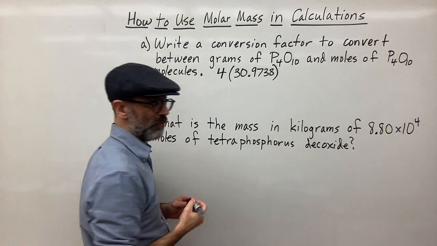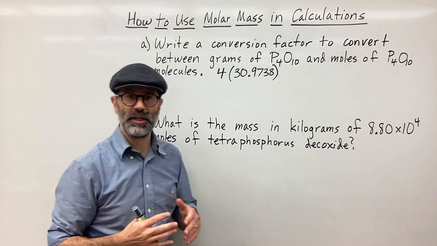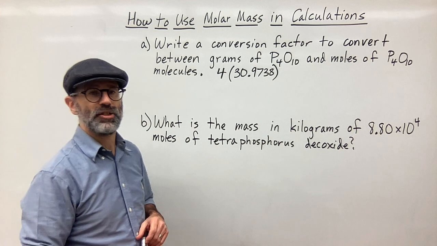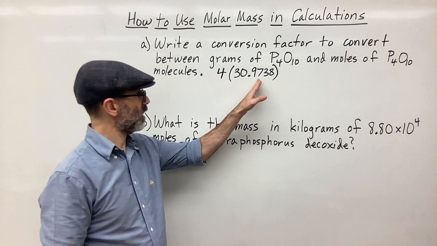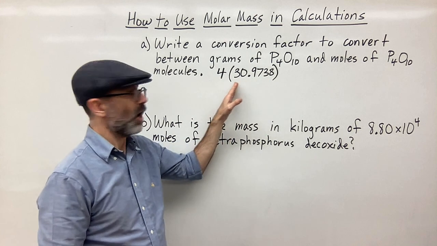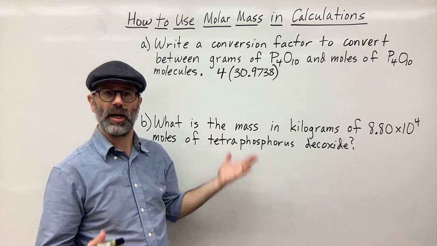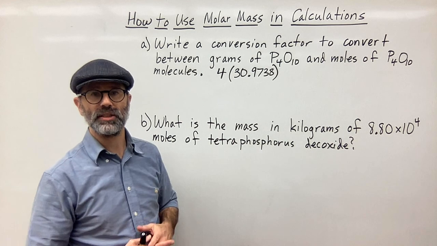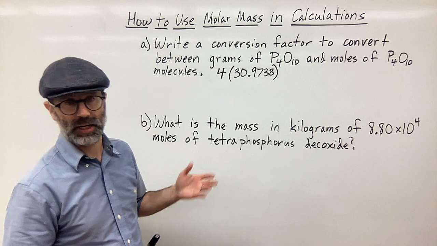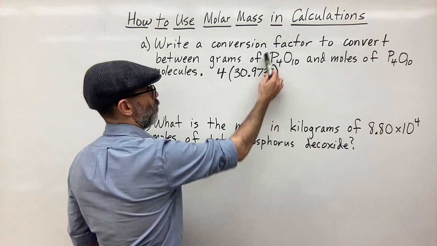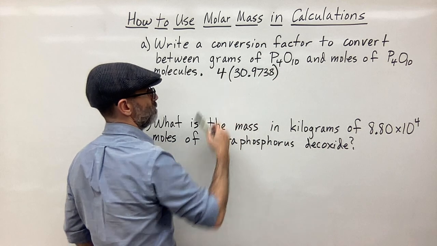Now, different periodic tables have different numbers of decimal places. So yours might cut off at 2 decimal places or 3. It doesn't matter. Just use whatever your periodic table gives you. It should give you pretty much the same answer as what I'm going to get. So this is the atomic mass of phosphorus. I have 4 of them, so I'm going to multiply that by 4.